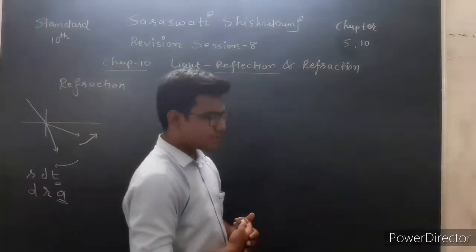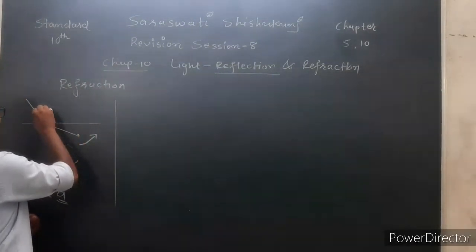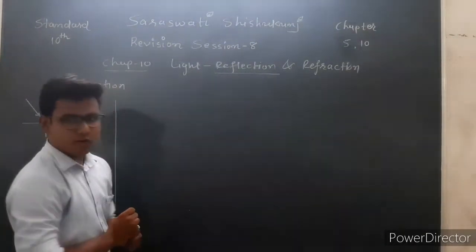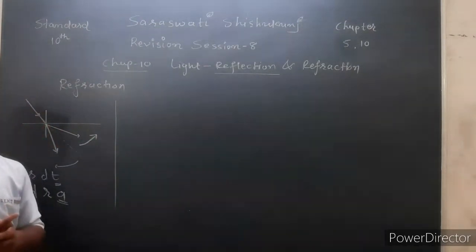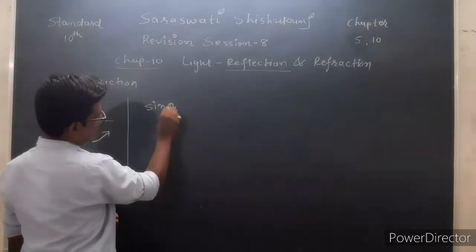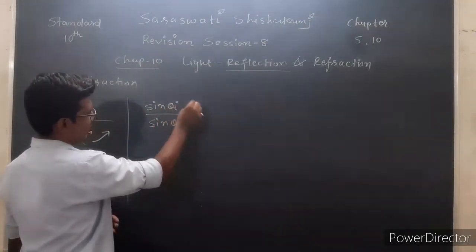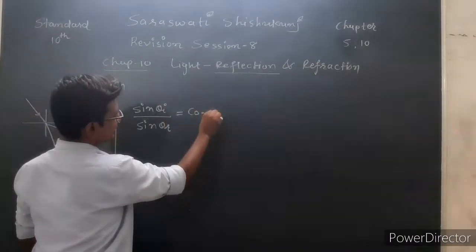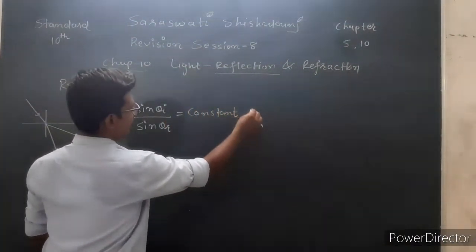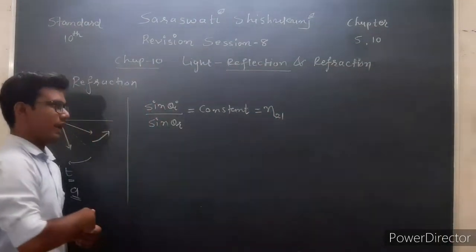So in the case of refraction, we have also understood the law of refraction. What have we understood in the law of refraction? We have understood that the ratio of sine of incident angle i to sine of refracted angle r is always constant, and that constant is eta 2 to 1. Right?